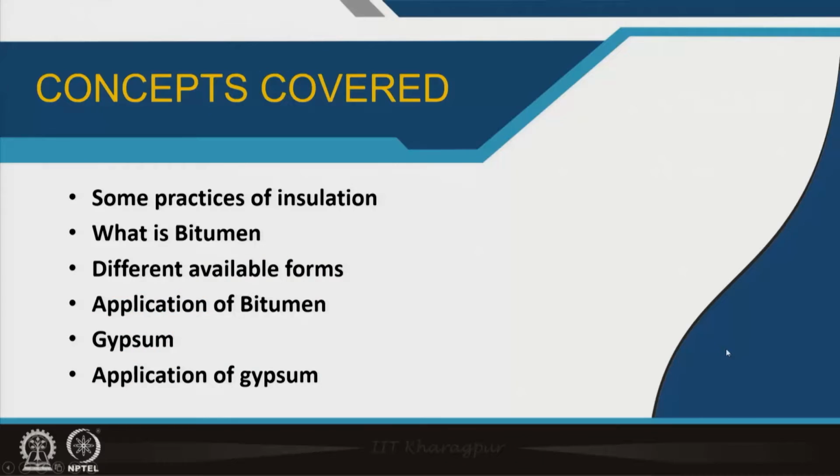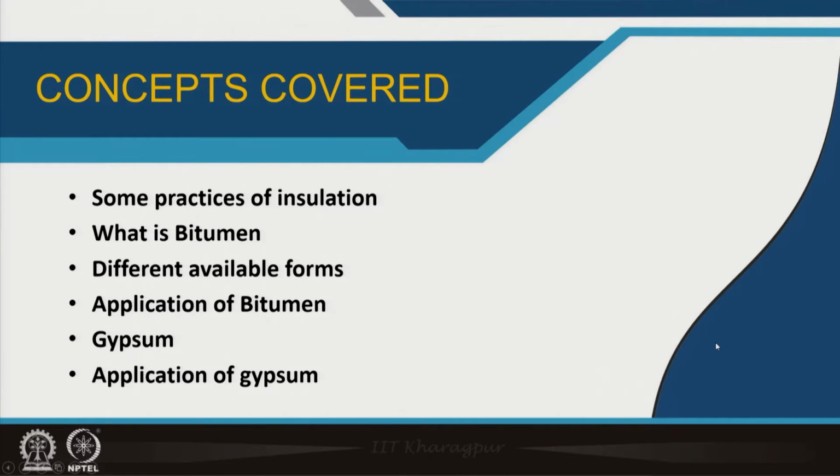Sound insulation is dealt with in further detail in architectural acoustics, maybe, but today we are going to discuss the materials which are essential for damp proofing and also for insulation. We will also learn how, traditionally in our country or in similar climatic contexts, some very low cost methods are adopted for insulation, and we have already discussed them in our previous lectures.